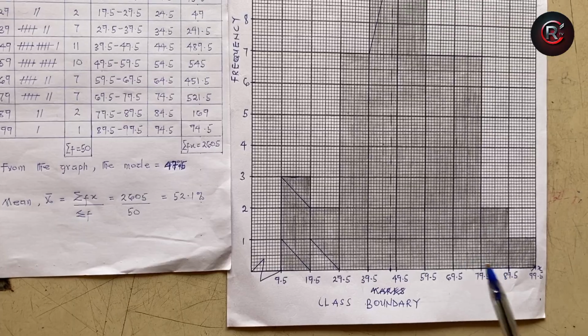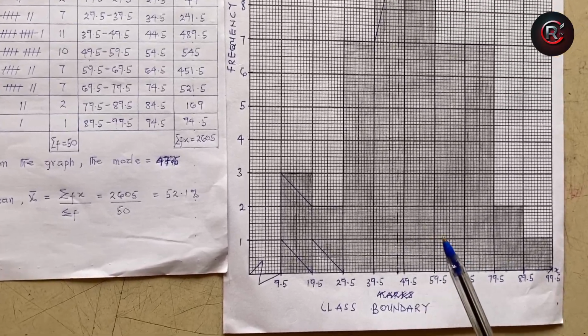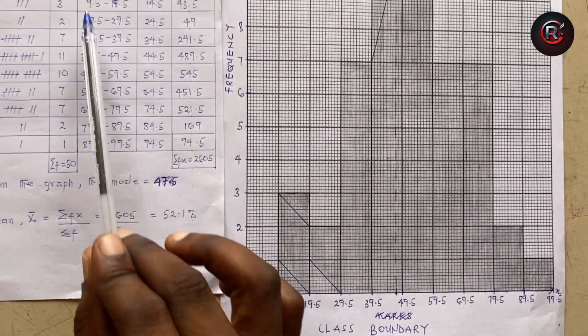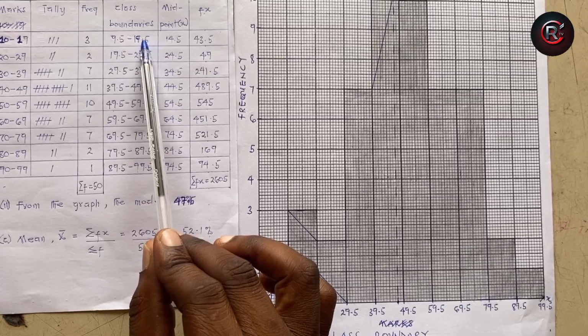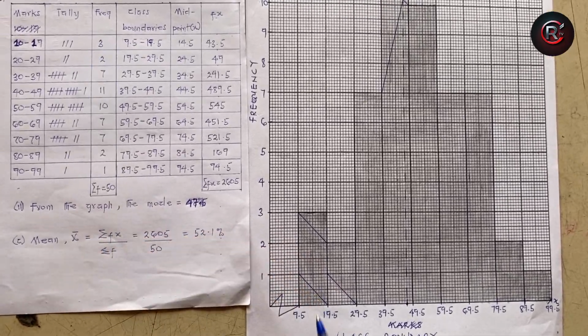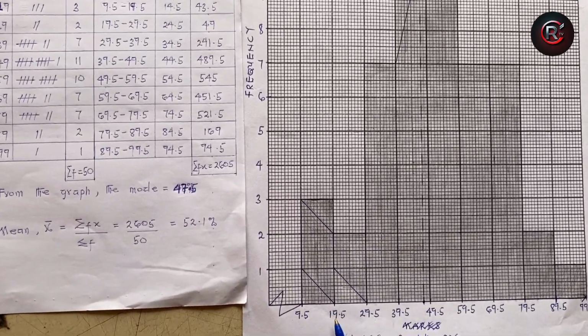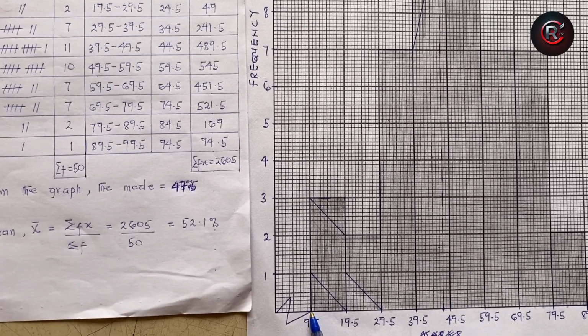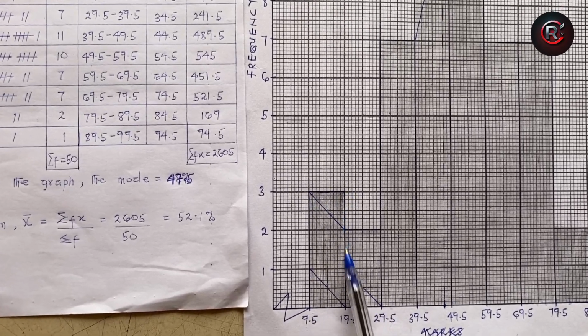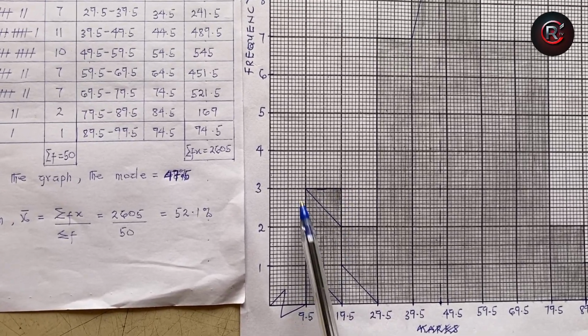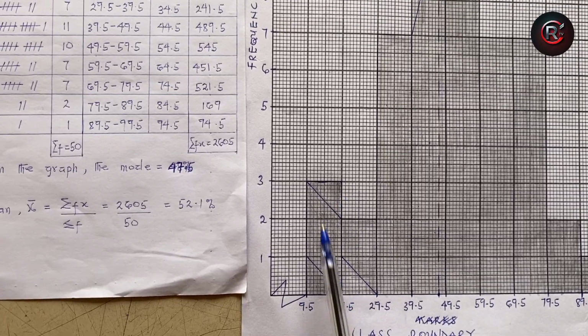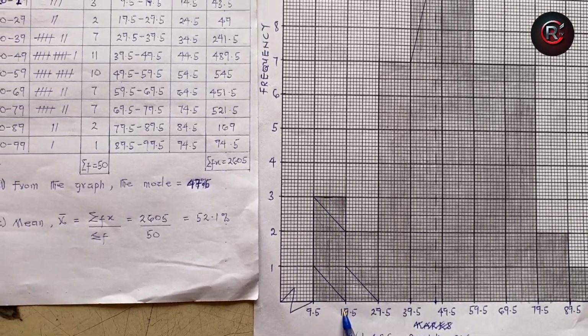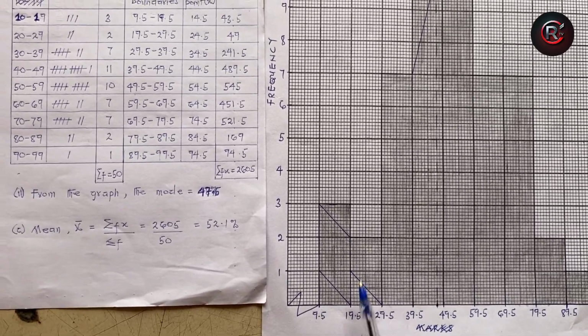Now let's see how we can draw our histogram. In a histogram, the bars are close together. There's no space within. So let's take 9.5 to 19.5. The frequency is 3. You take your pencil, you draw your rectangular box, and you join up to 3. So 19.5 to 29.5 is 2.